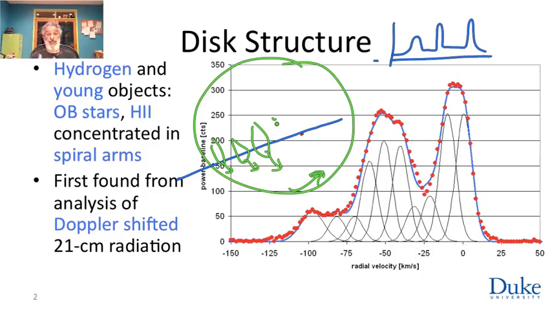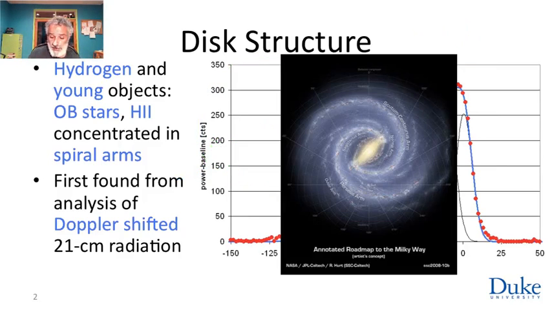With all that, they have come up with a pretty good picture of what the structure is in the Milky Way's disk, and here is an artist's conception of what this looks like. This is an artist's conception from circa 2008, and in the past decade, our understanding of this has changed. The Milky Way was traditionally thought to have had four large spiral arms.